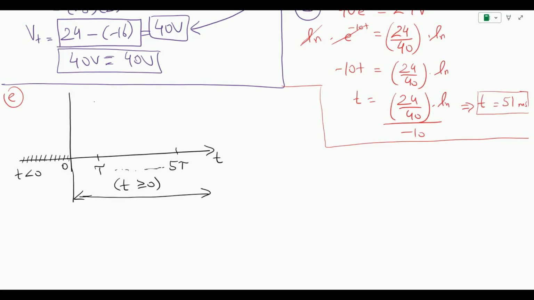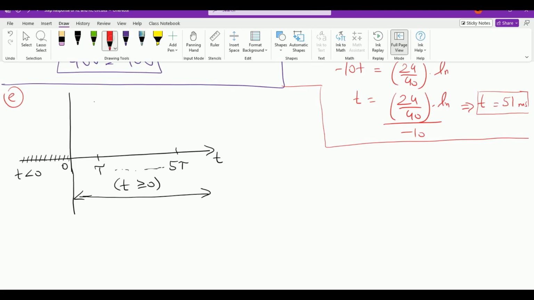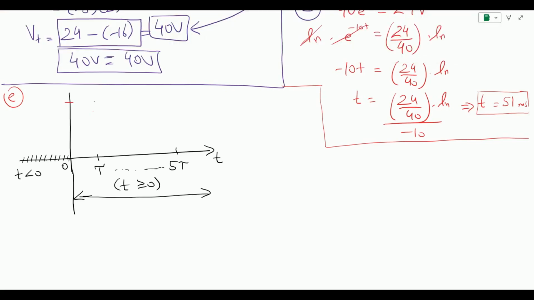So let us first draw the voltage behavior. In order to draw the voltage behavior and the current behavior, we need to write the final equations that we have. So let us write the equations for the current.